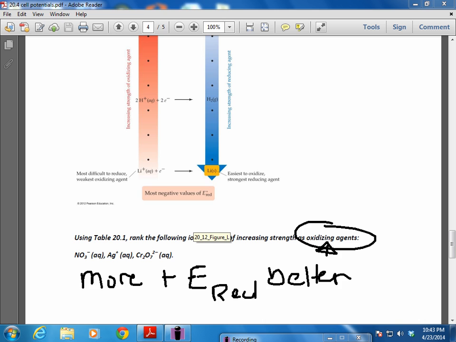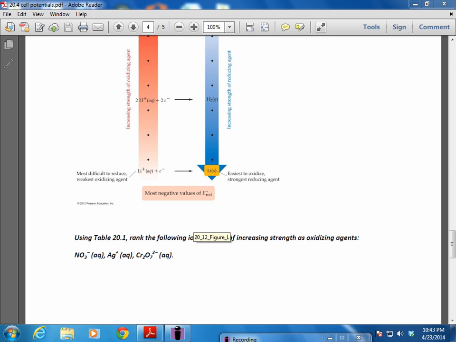All right. So if we look these up on the chart, nitrate, NO3, has a potential of positive 0.96 when it's reduced. Silver, Ag, is a metal, and you have to find it in Appendix E. And dichromate, Cr2O7, is positive 1.33.